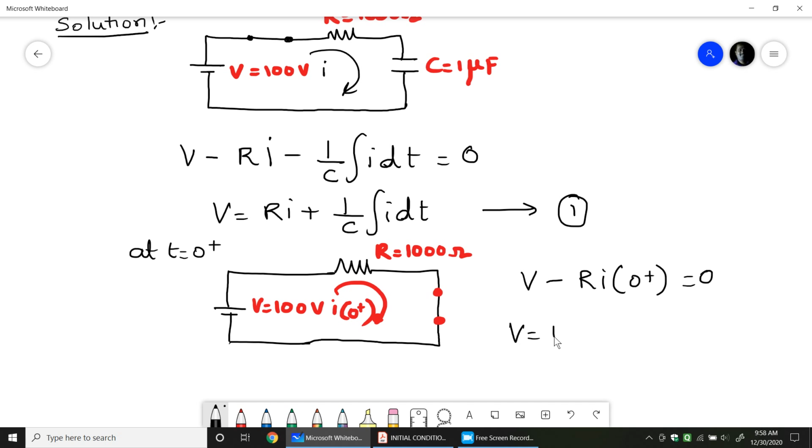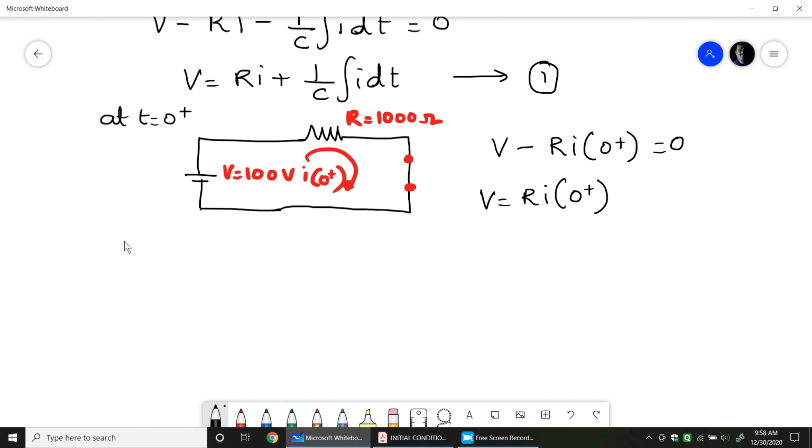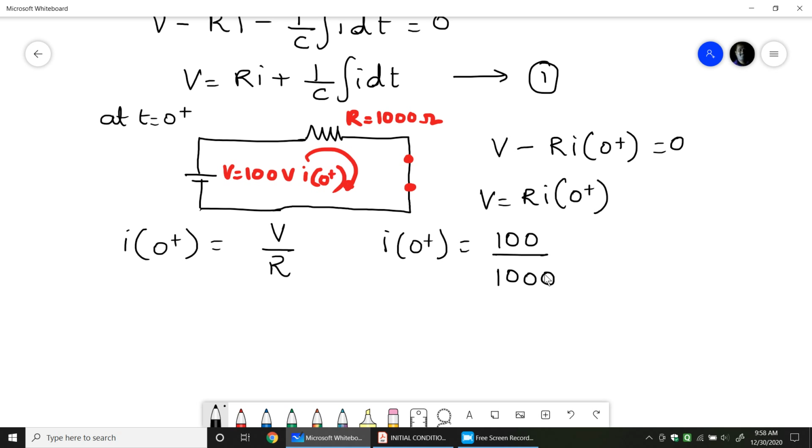Therefore V is equal to R into I of 0 plus. Therefore I of 0 plus would be equal to V by R. So I of 0 plus would be equal to 100 volts by 1000. So therefore I of 0 plus is equal to 0.1 amps.